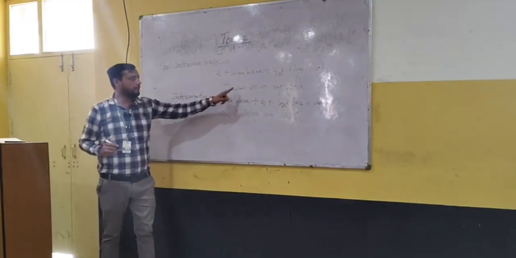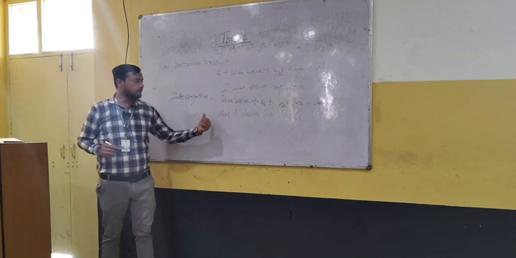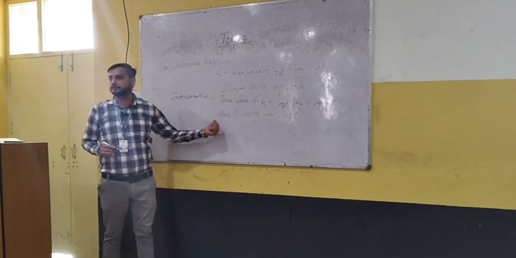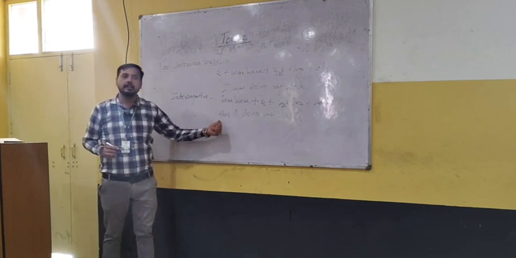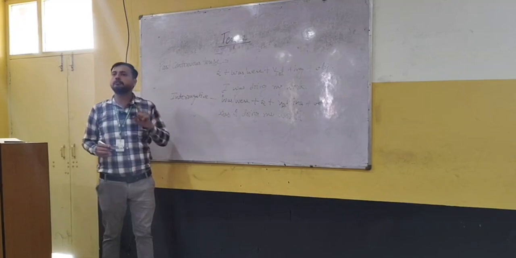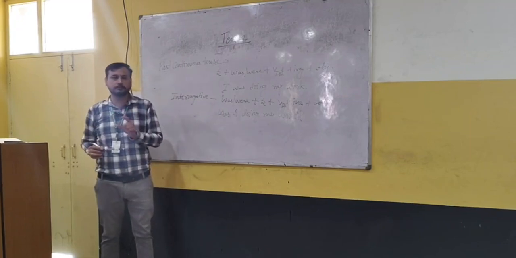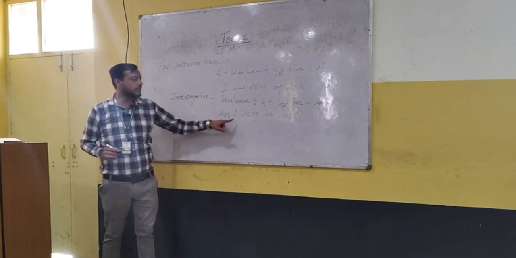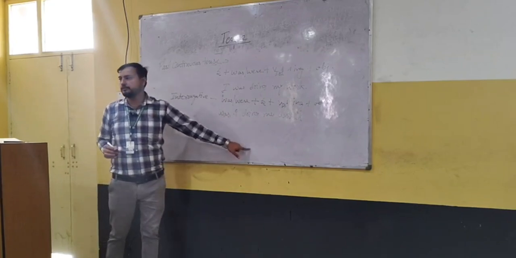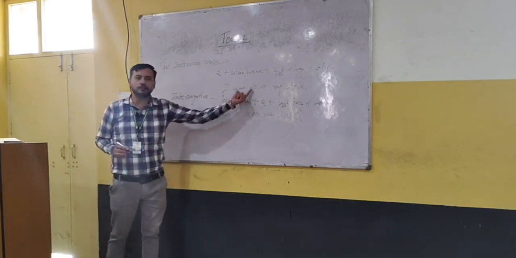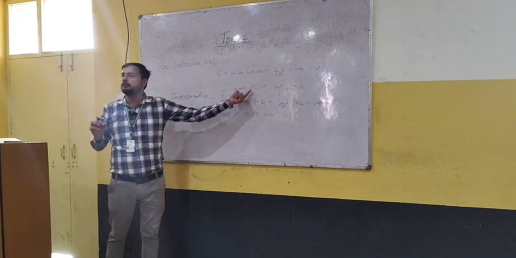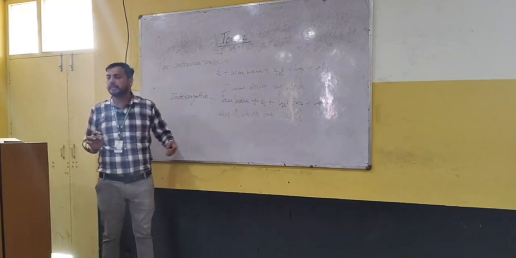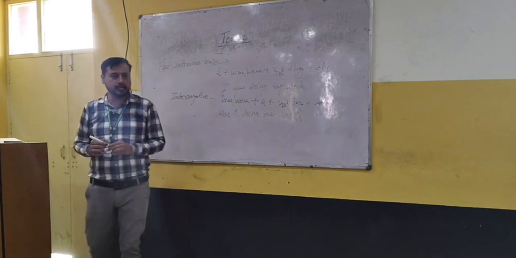Remember one thing, whenever a helping verb comes in the initial position, then you have to use the strong form of that word. Now you have to say, was I doing my work? And when it comes in the middle of the sentence, you have to use the weak form. I was. Clear?